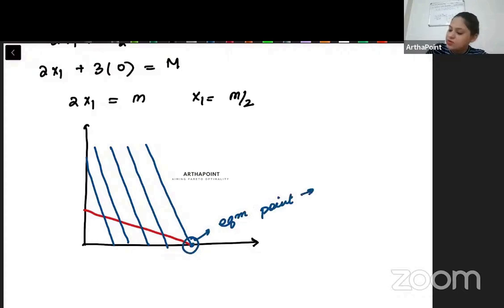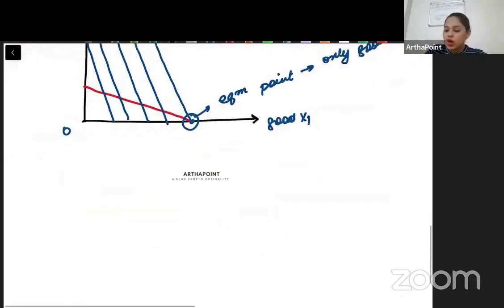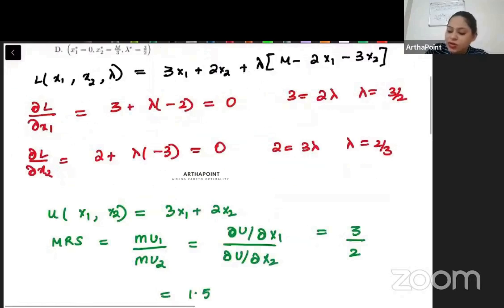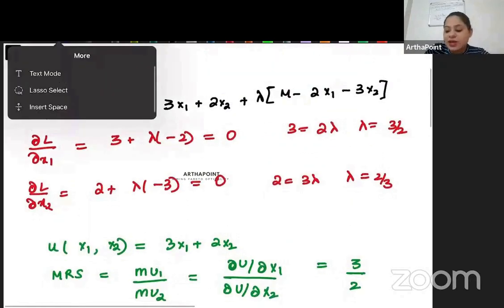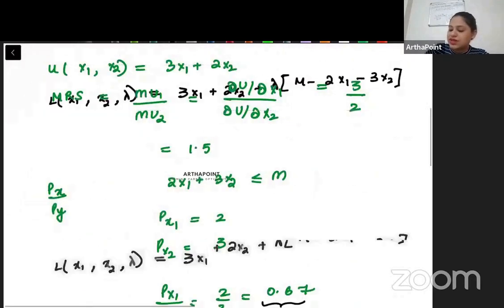And here I will be consuming only good X1. So this is good X1 and this is good X2. Now, I know that X2 is 0. So I am going to go back to my Lagrange. I am going to resolve this Lagrange putting X2 as 0. So let's just take this Lagrange again.